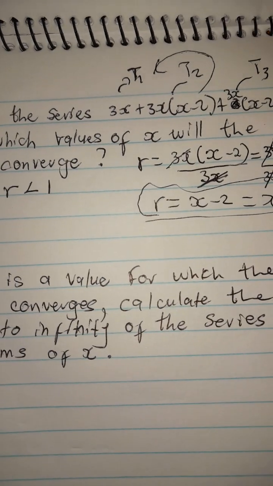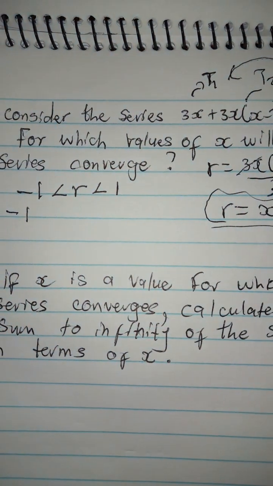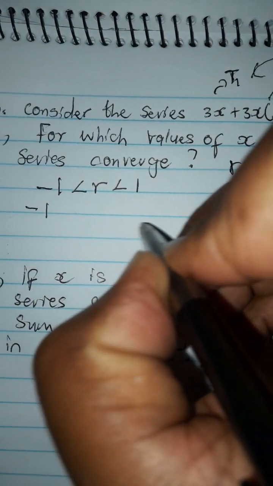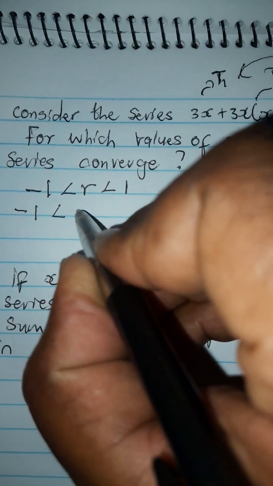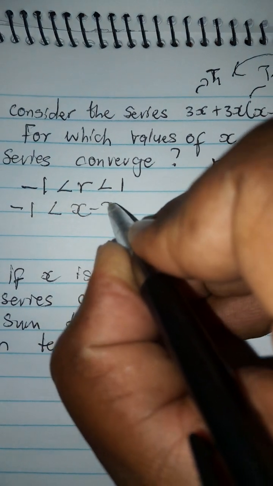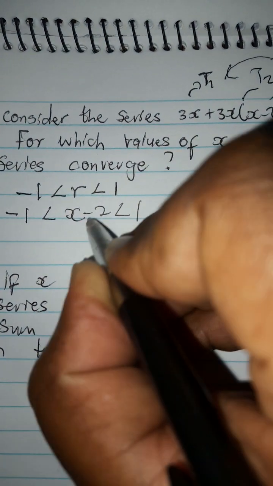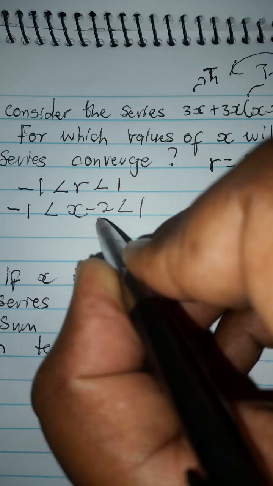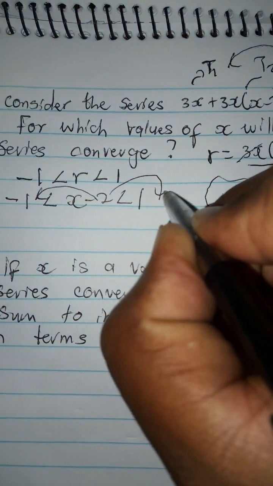I hope that's clear, right? So let's work it out. We need to find which values of x the series converges. So where there is r, you replace it by x minus 2. Since we need to write this in terms of x, the best way is to take negative 2 to the other side. If you take negative 2 to the other side, it becomes positive.